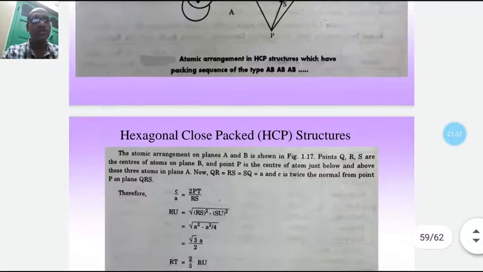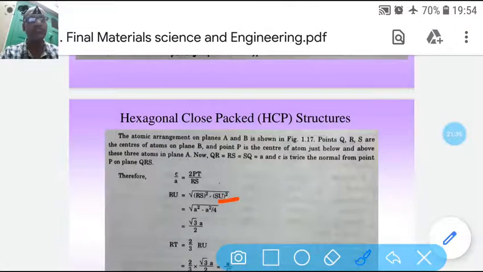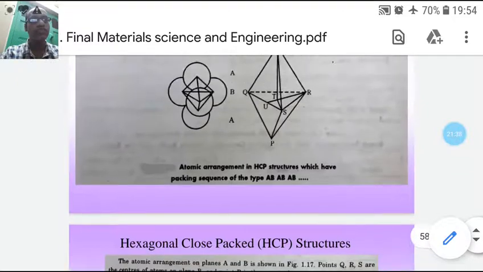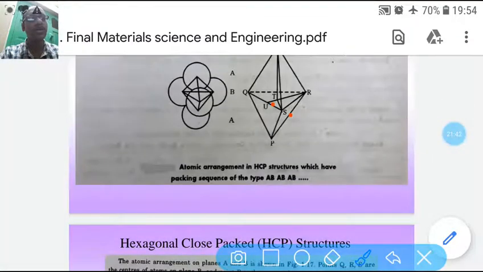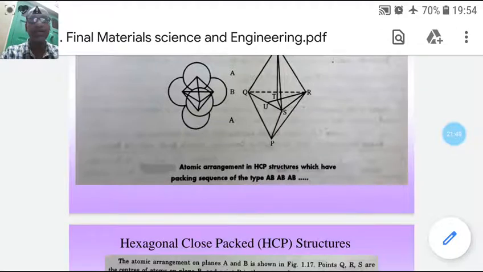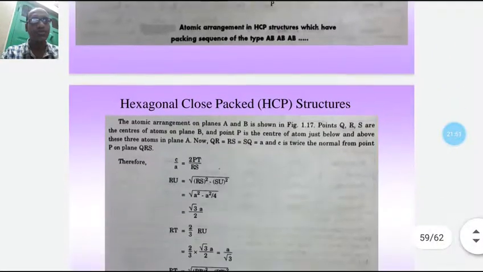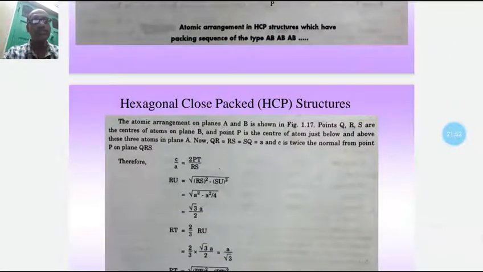So SU will be half of QS, that means A by 2. So that is A square by 4, and ultimately it will be root 3 into A by 2.